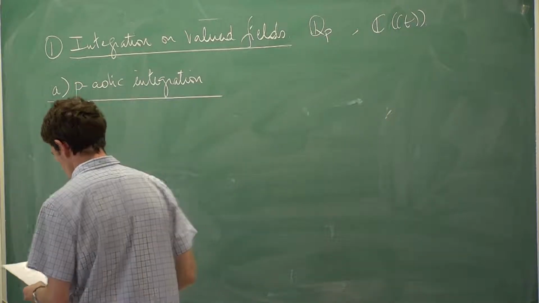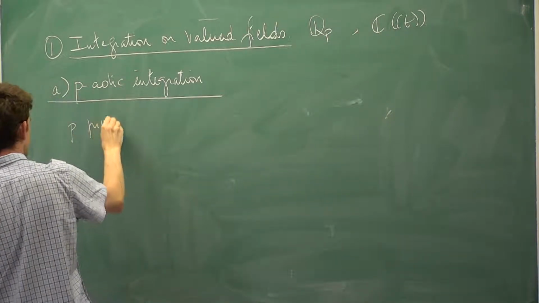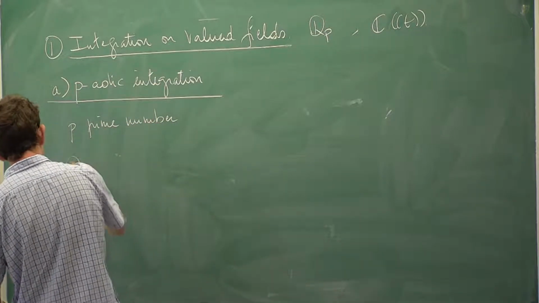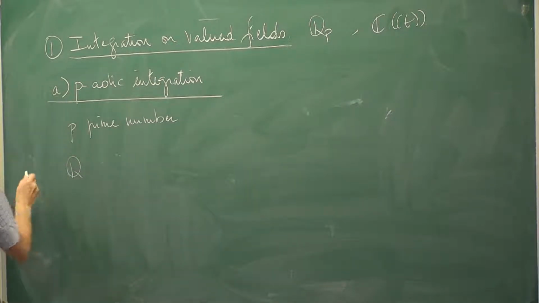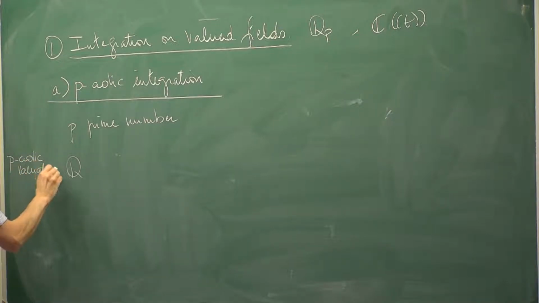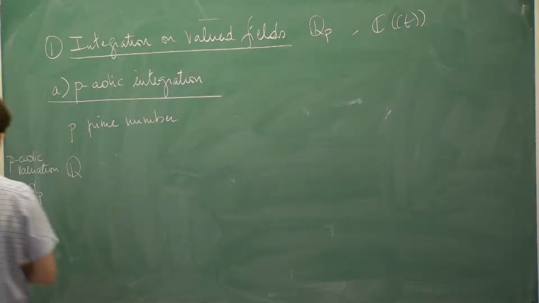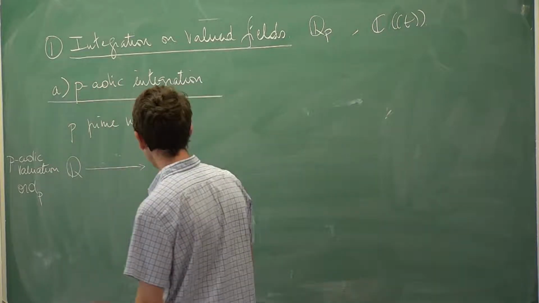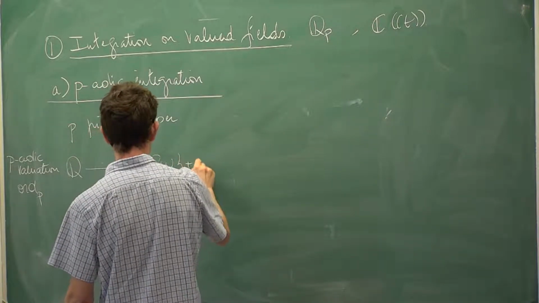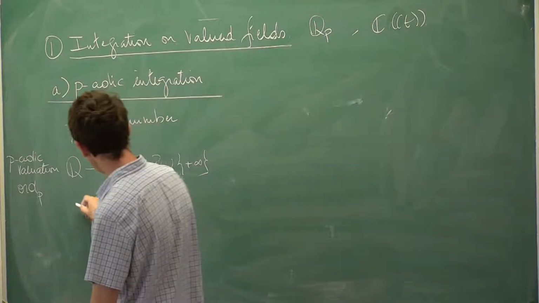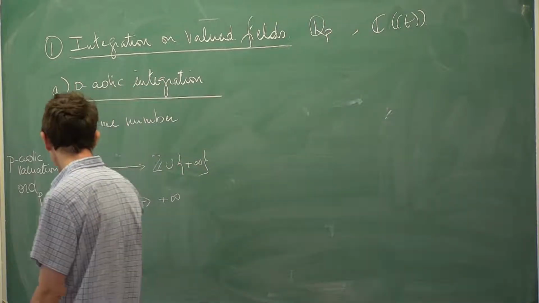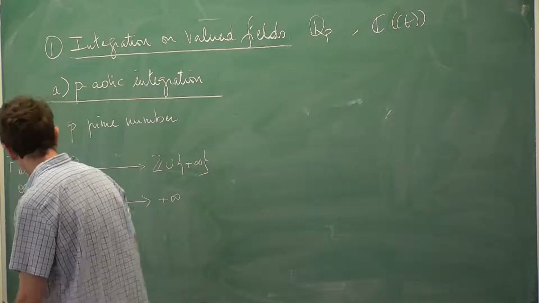So I start with p-adic integration. So just I recall the construction. So you start with p, a prime number. Okay, and you consider the p-adic valuation. And I will denote the p-adic valuation by ord_p. So it's a function from Q to Z union plus infinity. So you map 0 to plus infinity, and you write a rational number in the following way.